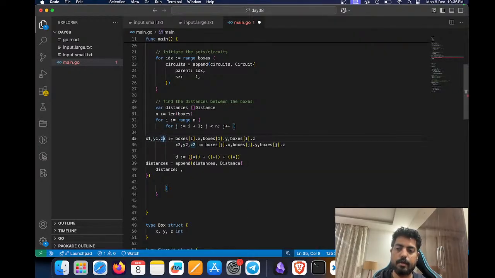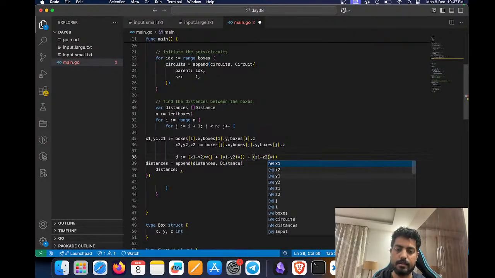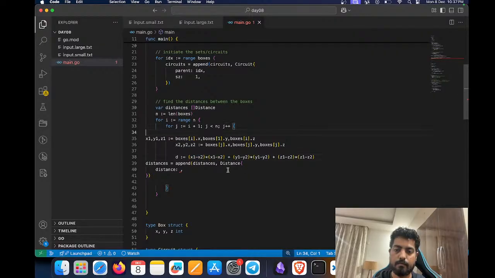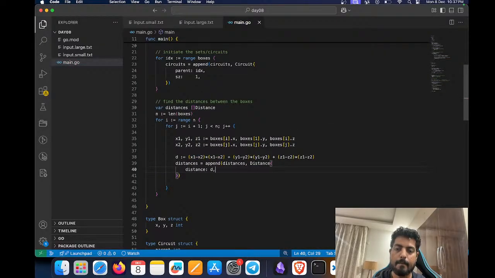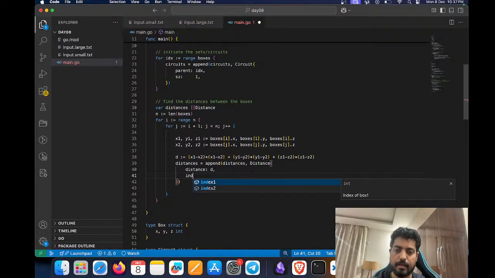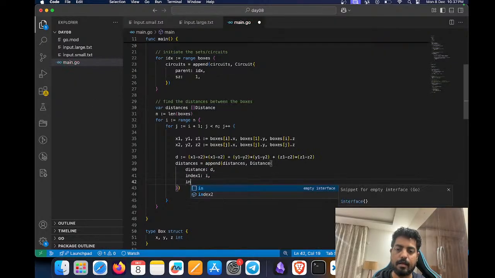This is x1, y1, z1. x1 minus x2, y1 minus y2, and z1 minus z2. So this is the distance, and index 1 is i and index 2 is j.